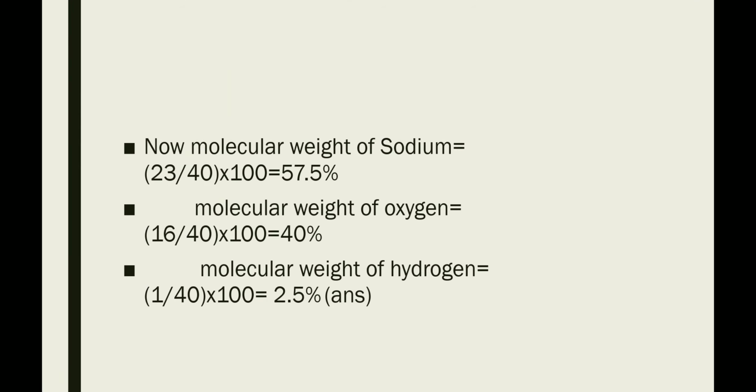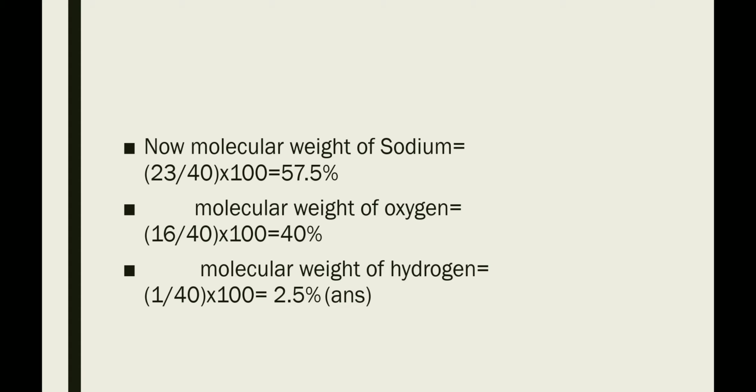Now, percentage composition of sodium. What do we do? 23 by 40 into 100.